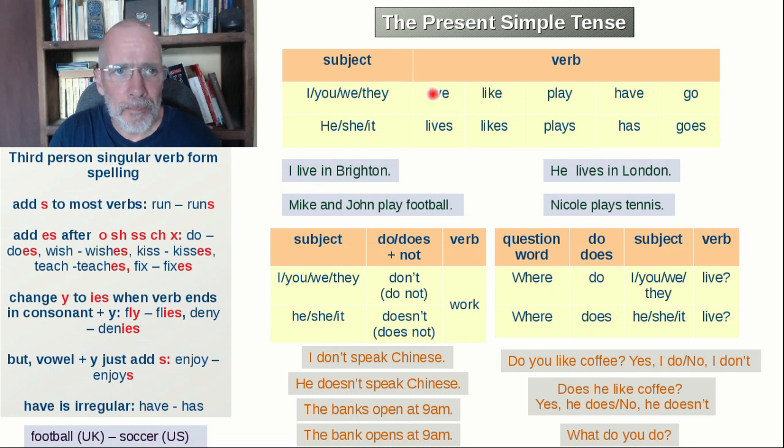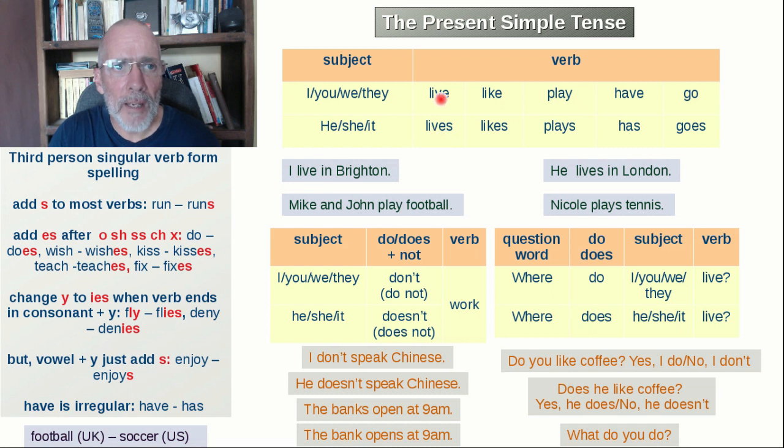But if the subject is the third person singular, that is a he, a she, or an it, we need to use the third person singular form of the verb, which in most verbs is formed by adding an s to the end of the verb.